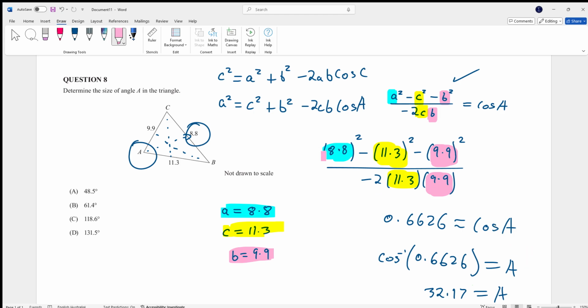Okay, not sure what happened there, so I just put it in my calculator again. It's now giving 48.49 instead. Must have just been a miss button click. So here the closest answer to that would be A, because we got 48.49, and that's 48.5. So A is your correct answer. I'm going to keep that in the video actually. That's a good thing to double check because I can get that wrong and so could anyone.